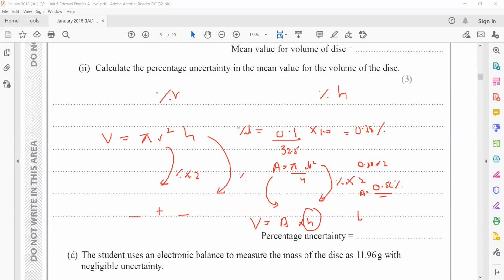That will give us a percentage uncertainty in thickness, which was 1.94. So the percentage uncertainty in area, because pi r square is area, is 0.56, and the uncertainty in height, the thickness, is 1.94. So we'll get the total uncertainty. But normally in the exam, when group data is there, they use a half range, so it's better you use the half range method.